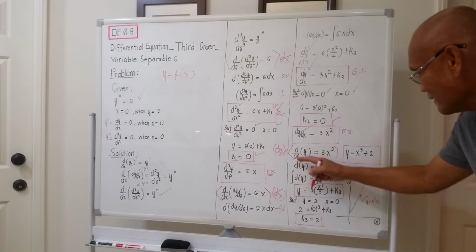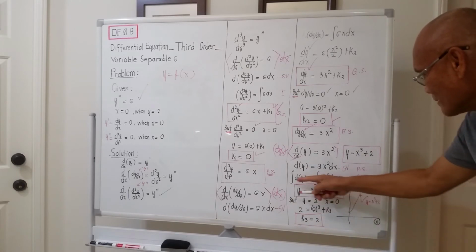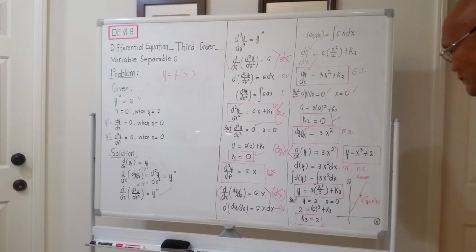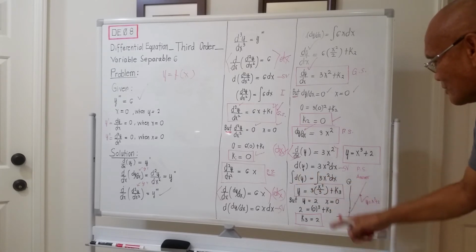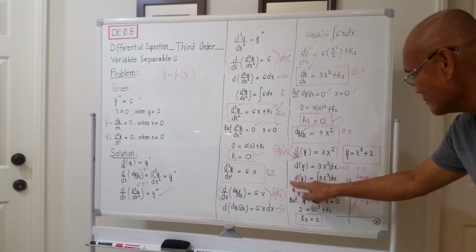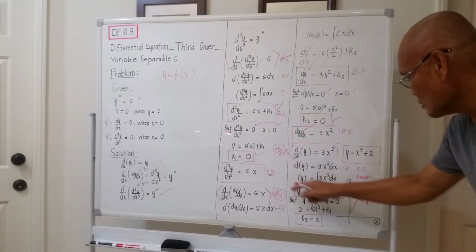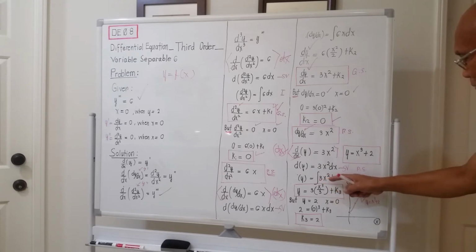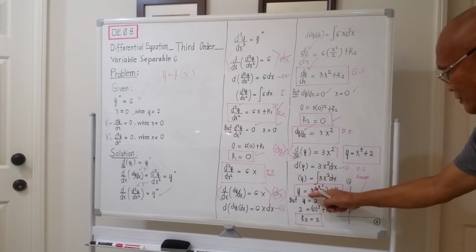Integrating both sides, the integral of the differential of y equals the integral of 3x squared dx. The integral of the differential of y cancels out. So what remains on the left will be y equal to constant times a power function. So we bring out the 3.